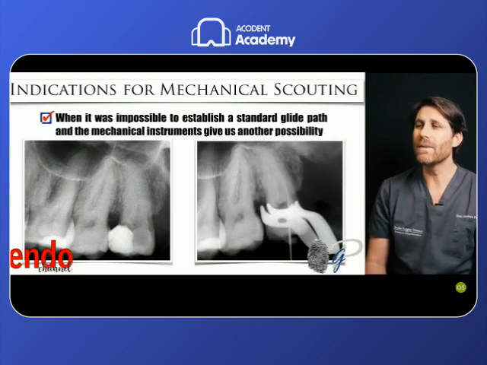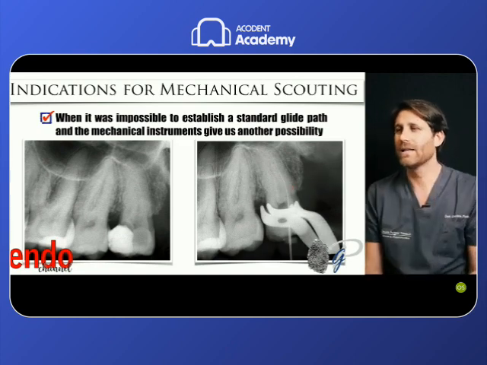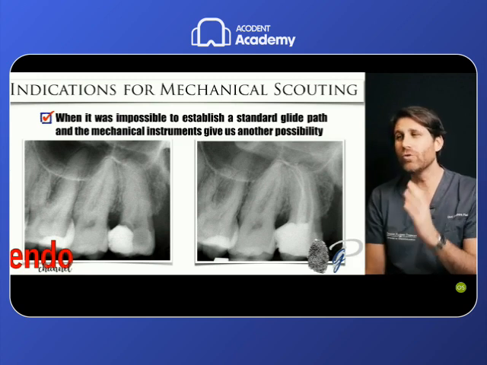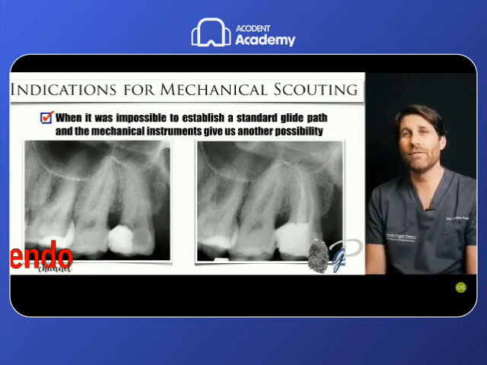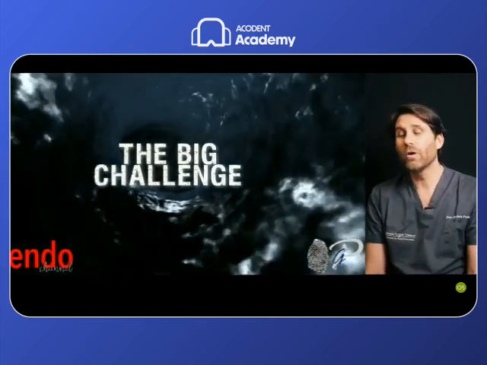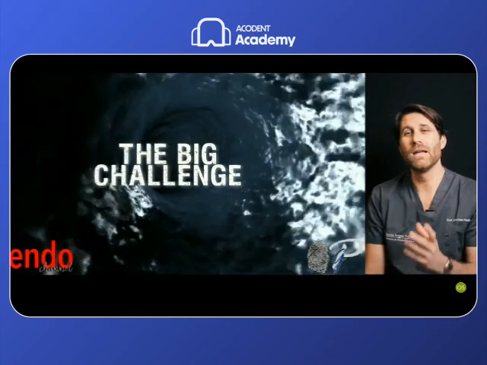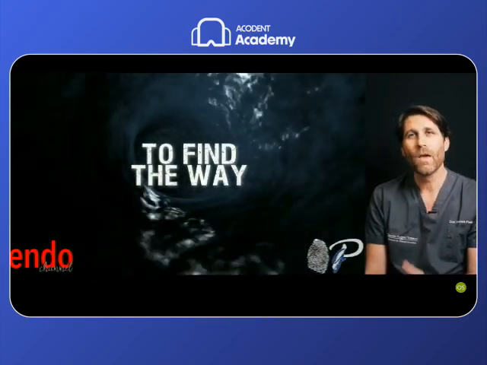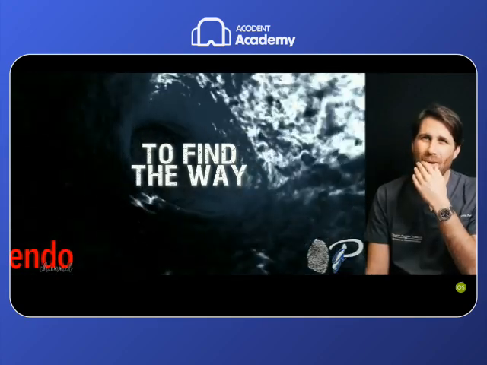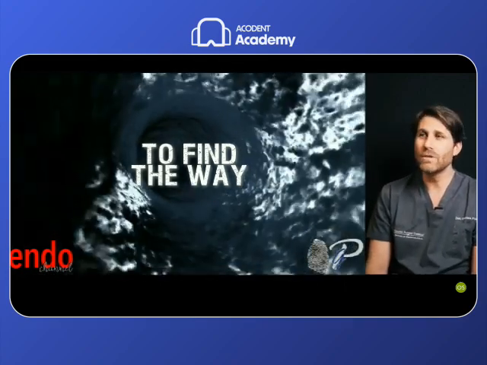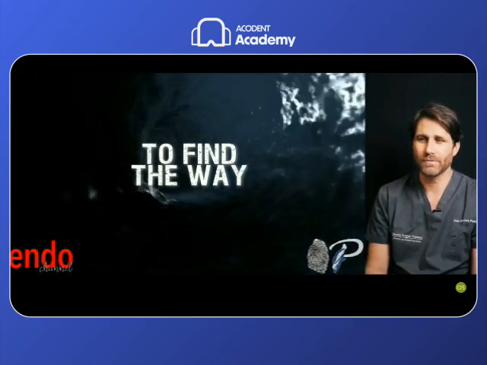So in this case, the mechanical action of a mechanical nickel titanium file may give us another possibility to go over this impediment without using a stainless steel file, so reducing the risk connected to the use of the stainless steel file, to perform what is the biggest challenge for me in this part of the treatment, to find a way to the apex in a safe, predictable, and effective way, while reducing the risk as much as possible.